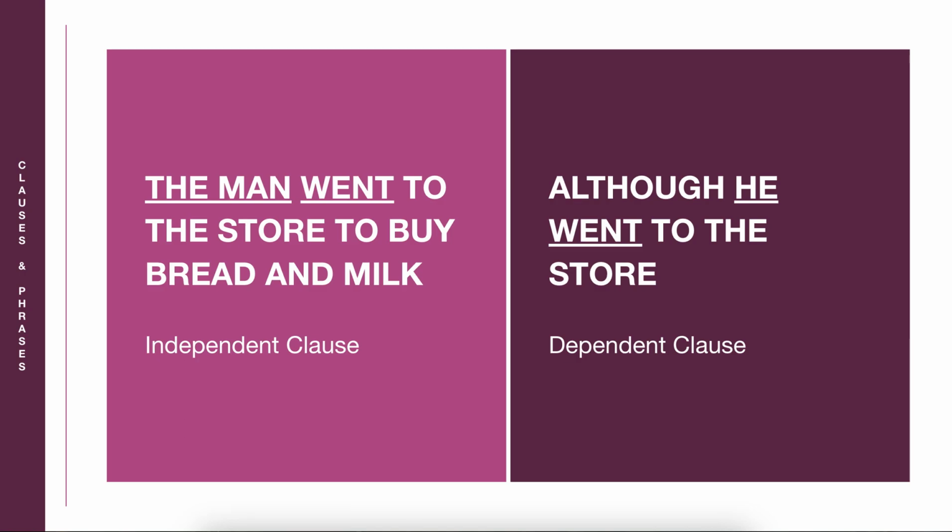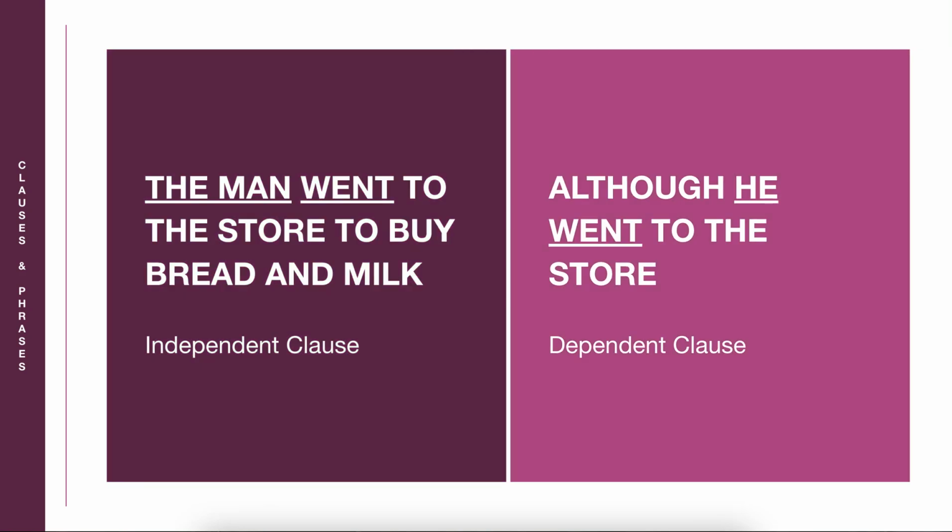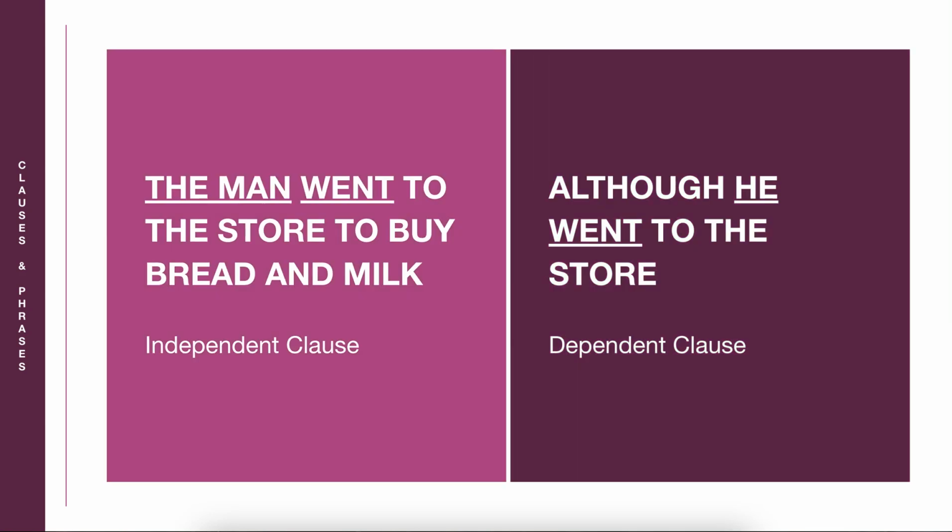And because that doesn't quite work, because you want a little bit more information in order for that sentence to make sense, because that clause depends on more information, it's called a dependent clause. Now, again, the only difference that we're looking at here is independent clauses make sense independently. They work on their own. Dependent clauses do not. That's going to be really important as we start putting sentences together.